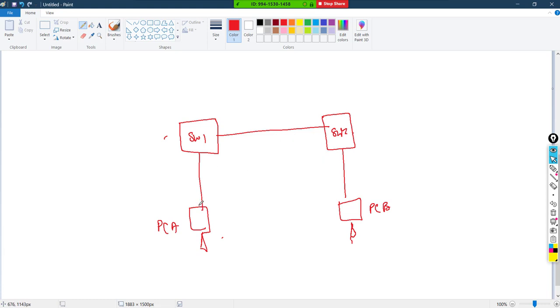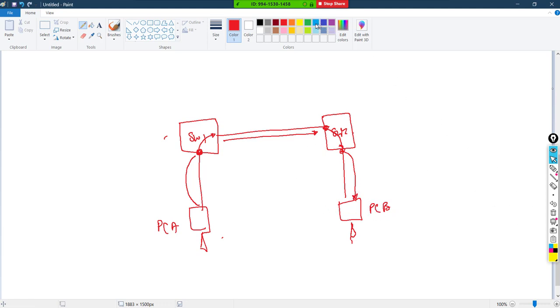The data from this computer will hit this switch, go over this cable, and be received on switch 2. Switch 2 will send it on, and it reaches PC B. All good so far.